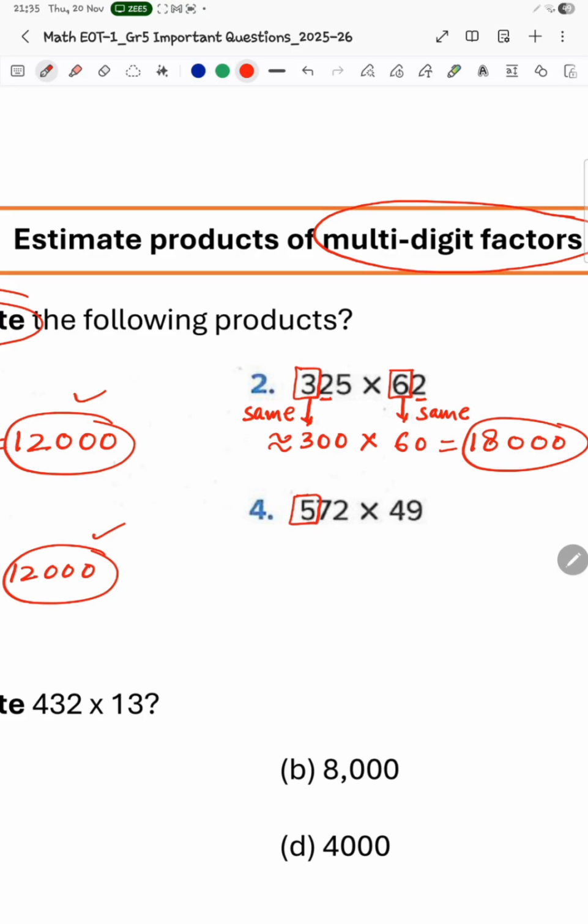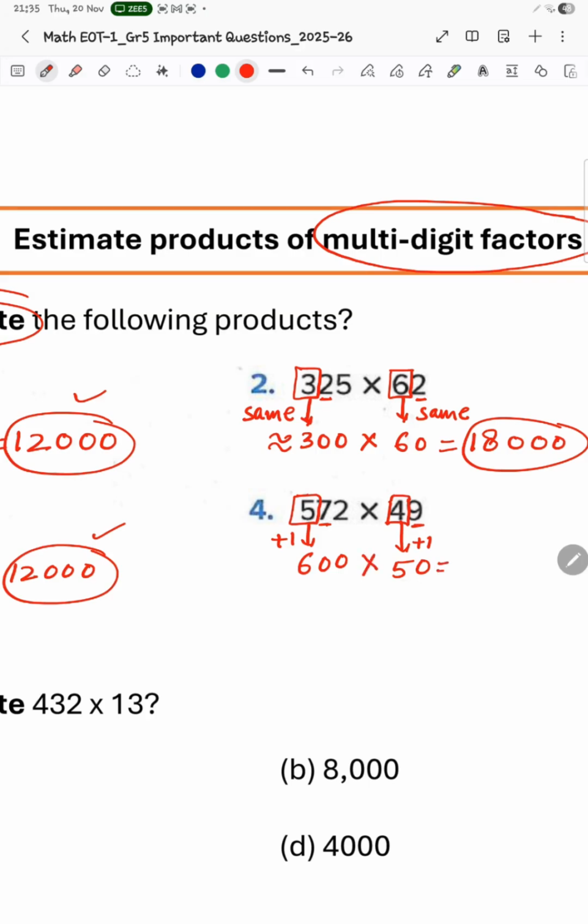5 is in the box, look at the number 7. It's good, it will give plus 1 to 5. It will become 6 and the rest of the digits will become 0. And here 4 will be in the box. Look, the 9 is a good number, it will give plus 1, so 49 will become 50.